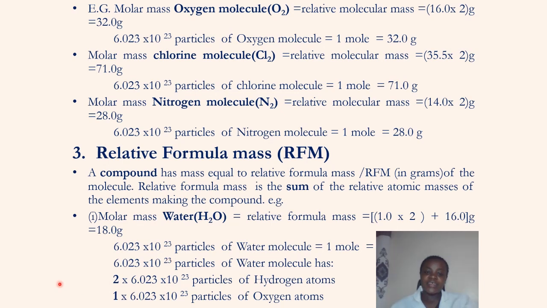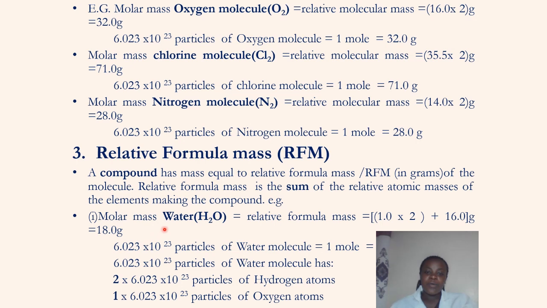Then these particles of water molecule contain 2 times 6.023 times 10 raised to the power 23 particles of hydrogen atoms. So note that to get the atoms of hydrogen in water molecule, we multiply 2 times 6.023 times 10 raised to the power 23.